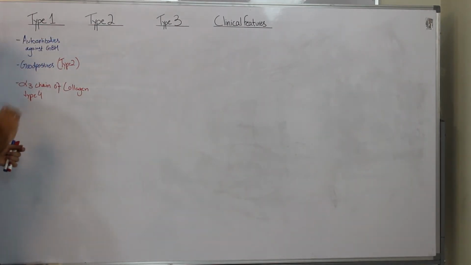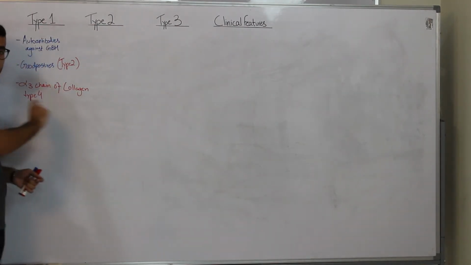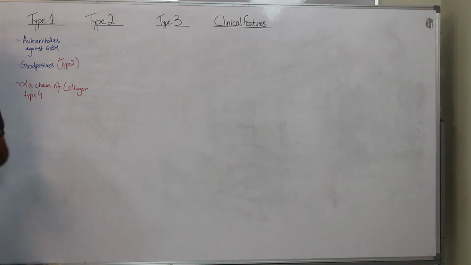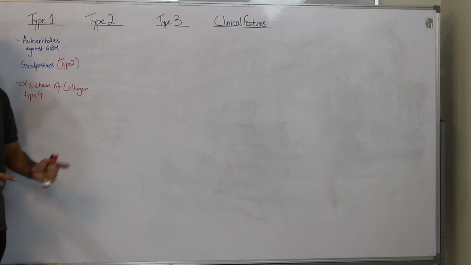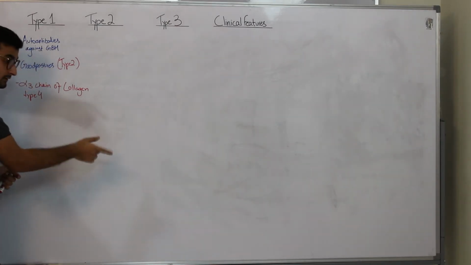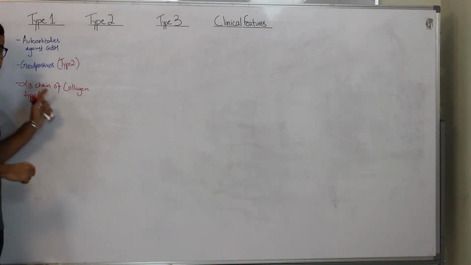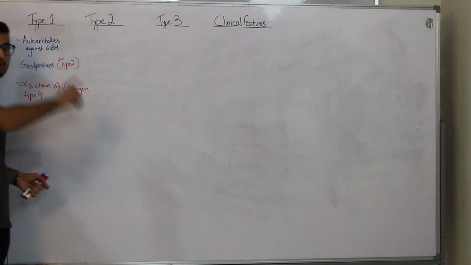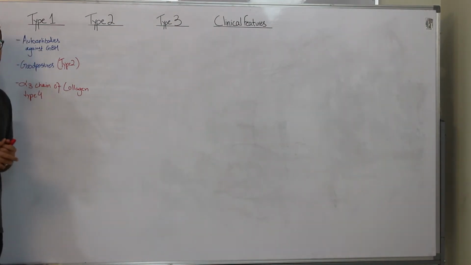Now what happens is that since you have a basement membrane, like I said, to understand the complete glomerulus, do check out my video on nephrotic versus nephritic syndrome where I've explained that. So in a normal glomerulus, you have GBM, that is your basement membrane completely lining your glomerulus, right?